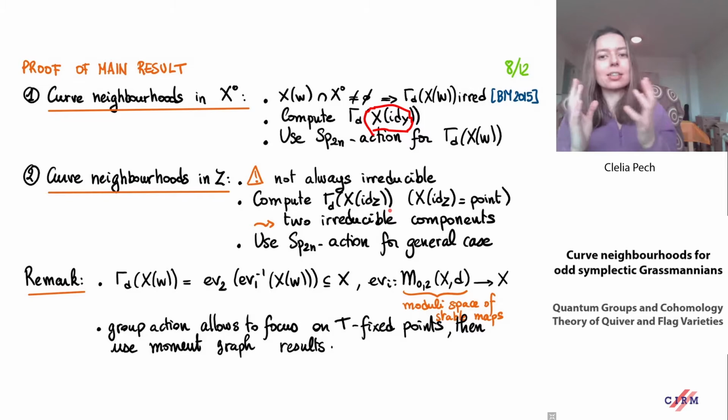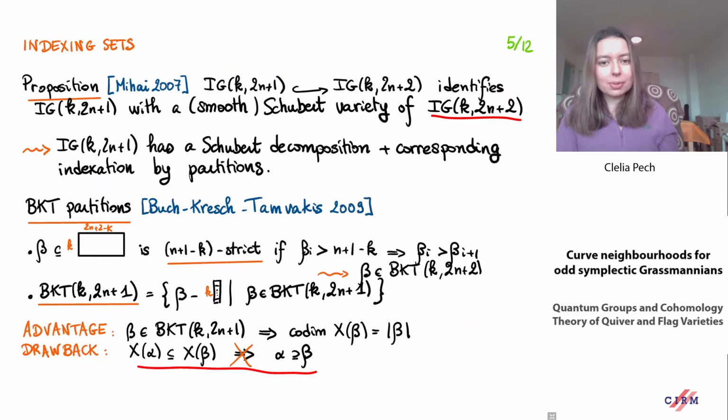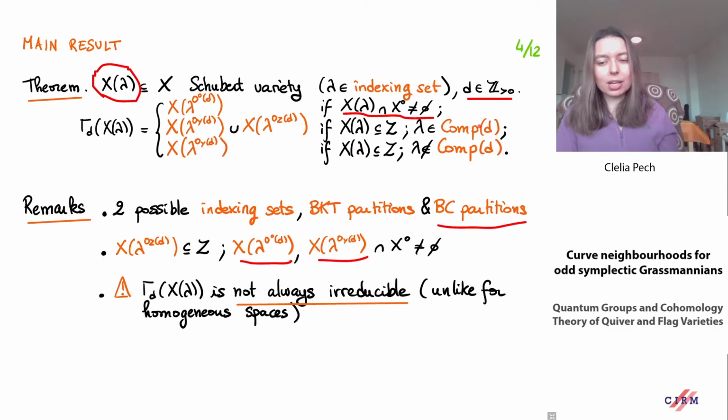So in that case, what you would imagine to be 2 different components happens to just be 1. But this is something we can describe. If I go back to the slides where I give the results, we have this set comp-D that describes this. I'm not going to give the combinatorial description of that set in the talk, but it's very explicit.